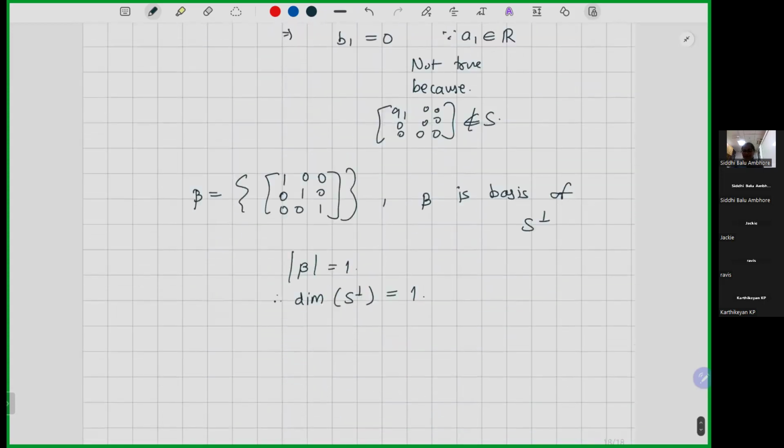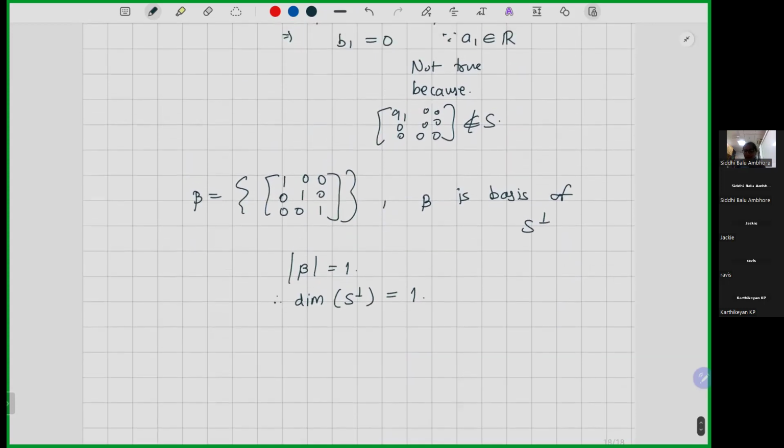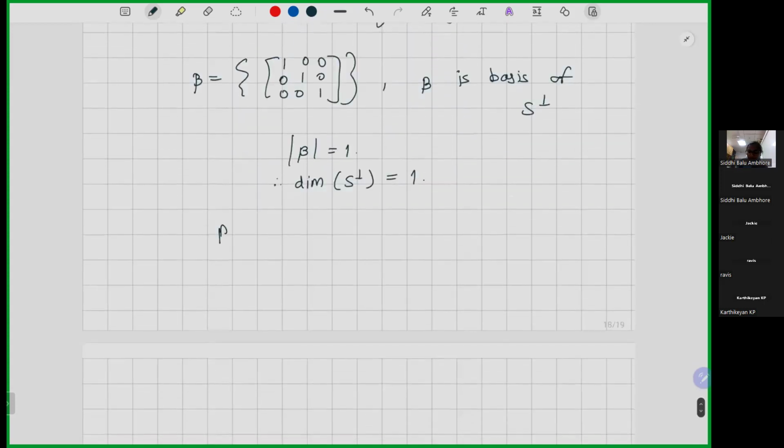Because what we have is when we are taking this B transpose A, the trace of B transpose A, it is of this form, right? A1 B1, A2 B2, and so on.